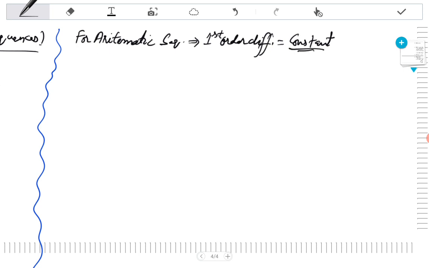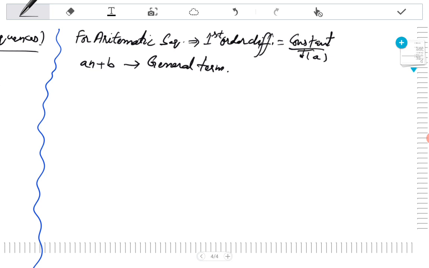Let's suppose this is the value a. So an plus b is the general term, where b can be concluded after setting some value of n over there.